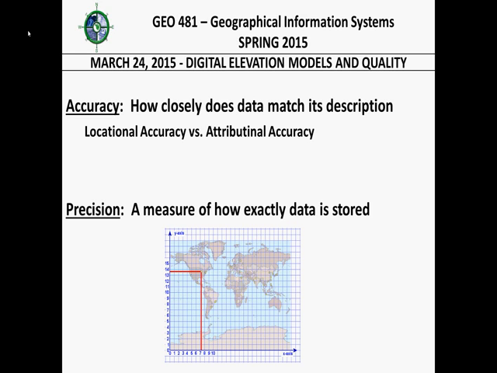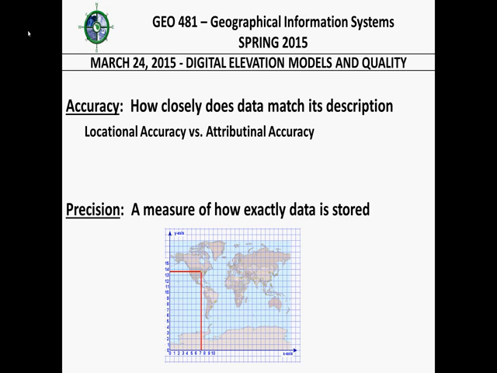That's locational accuracy. How locationally accurate, if I say the desk is here and it's there, wrong, and I'm off by 5 feet or whatever that is. Attributional accuracy: are the attributes in the GIS data set correct? So locational accuracy, I'm claiming the desk is over there. I'm wrong because it's here, not there.